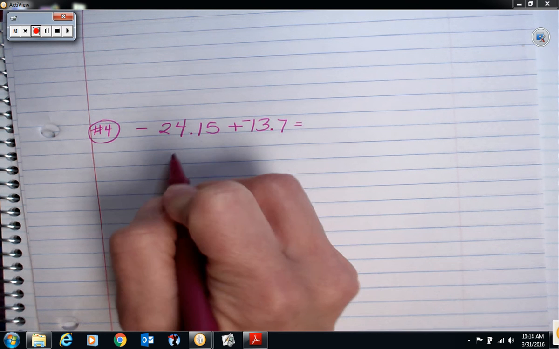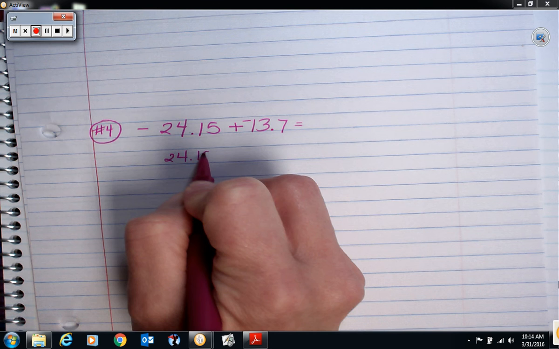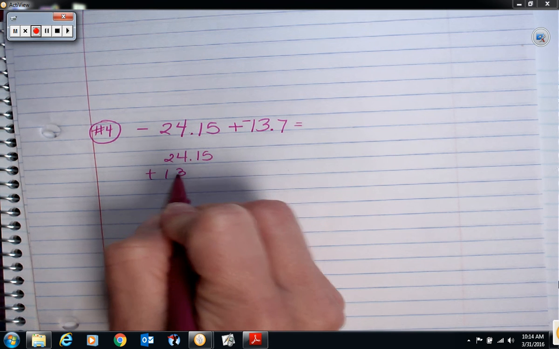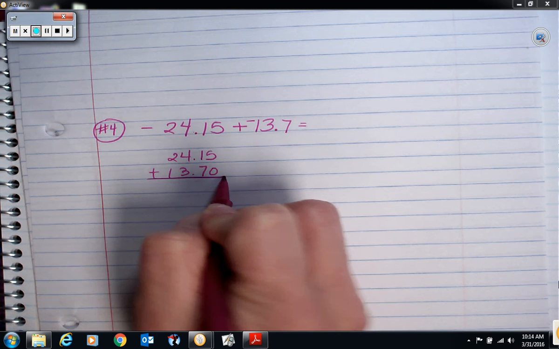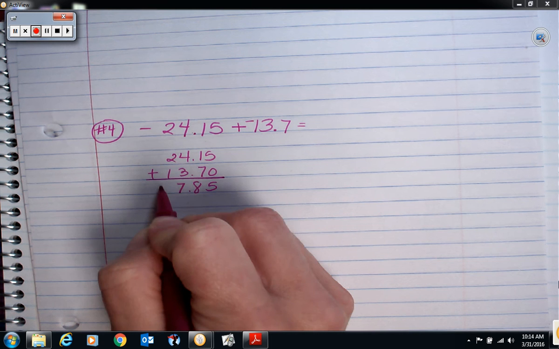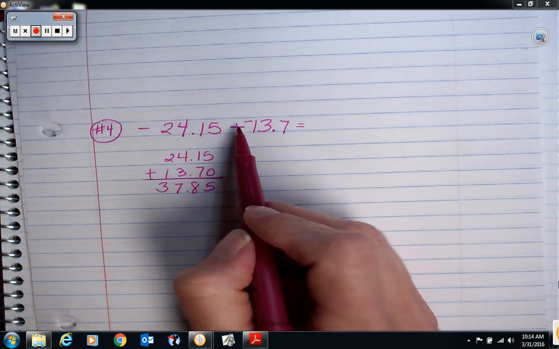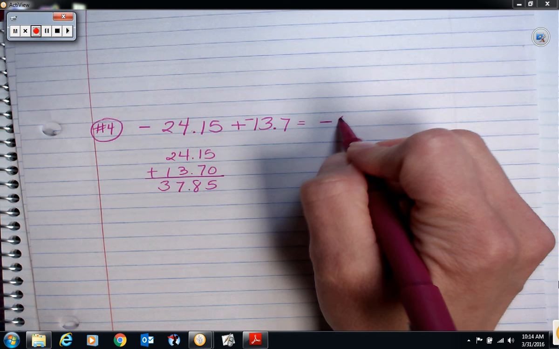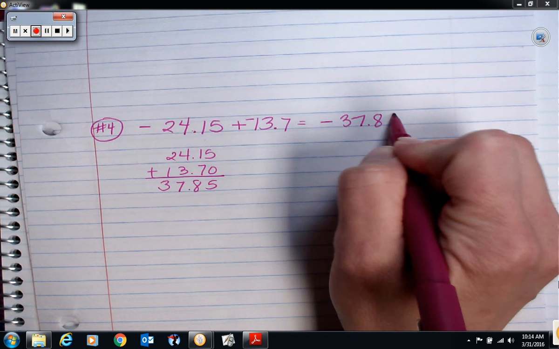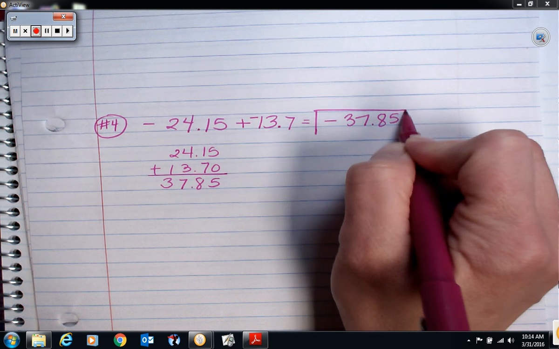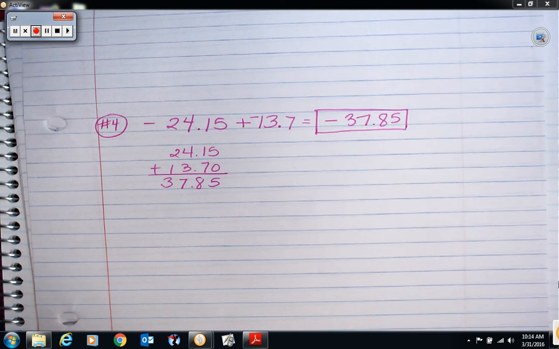So I'm going to add together 24 and 15/100 plus 13 and 7/10. That's 37 and 85/100. Then since they're both negative, my answer is going to be negative. My final answer is negative 37 and 85/100.